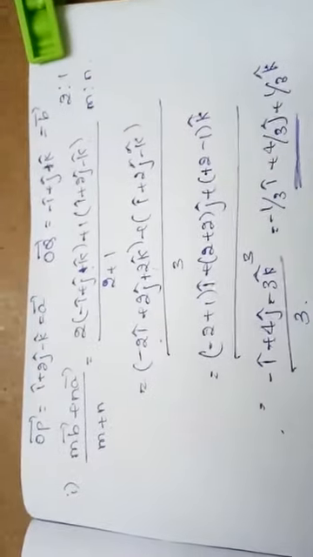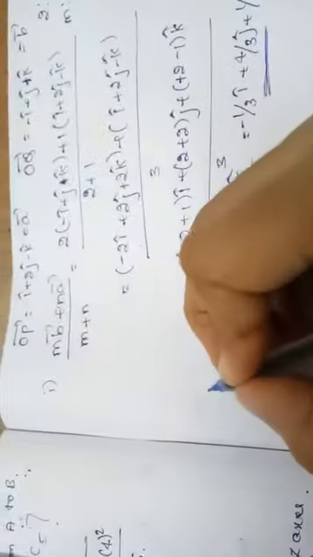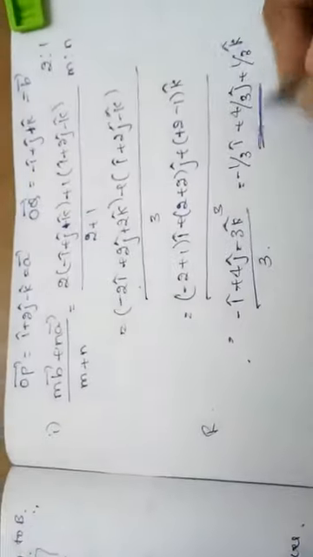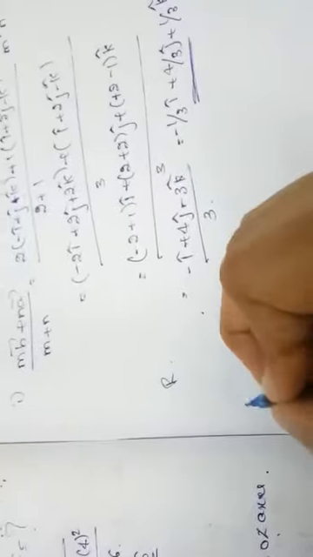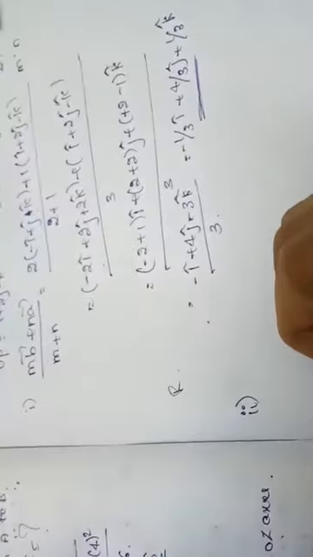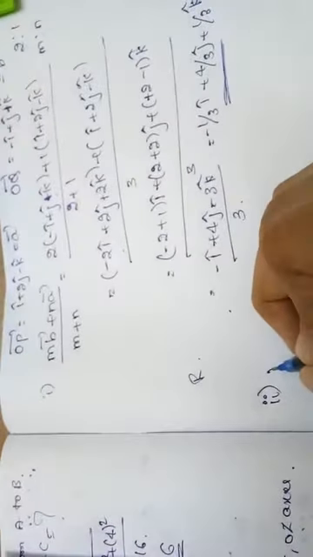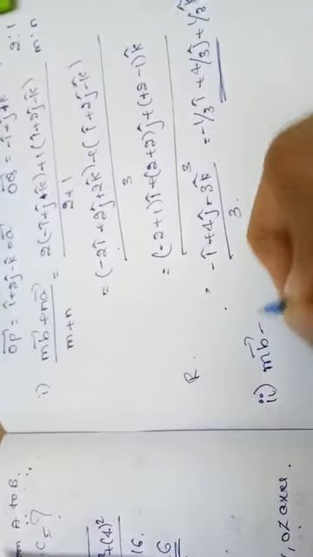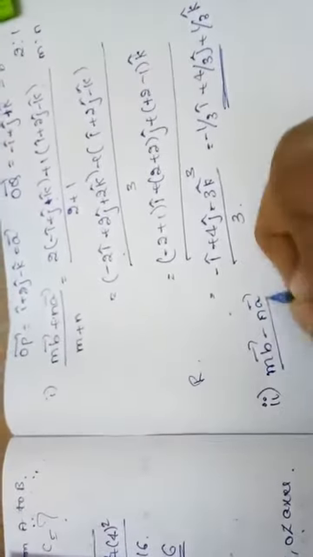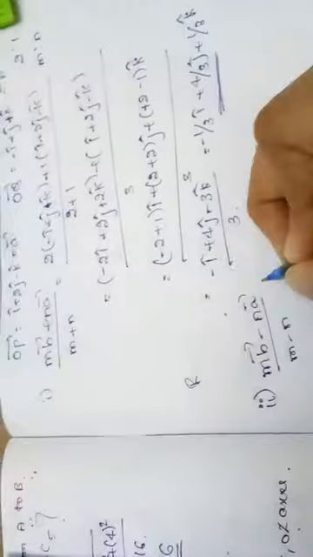So this is the position vector of point R when it is divided internally. Now we need to find the position vector of the point R when it is divided externally. The formula is m b vector minus n a vector divided by m minus n.